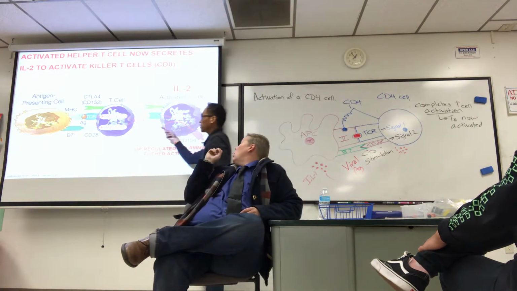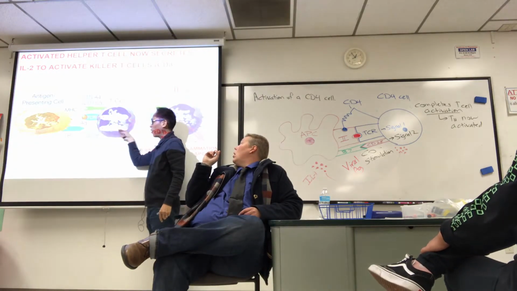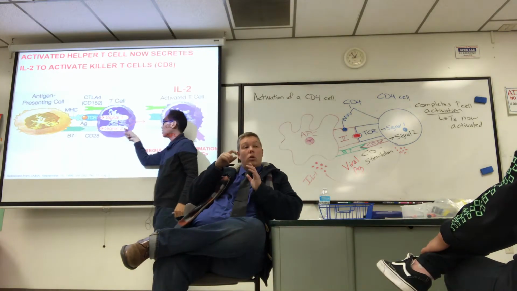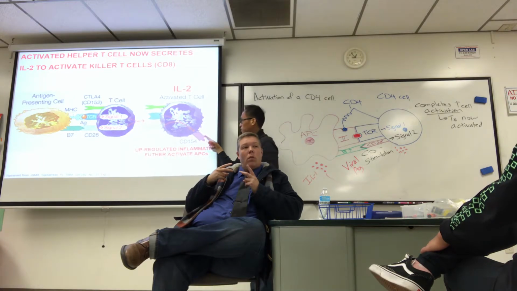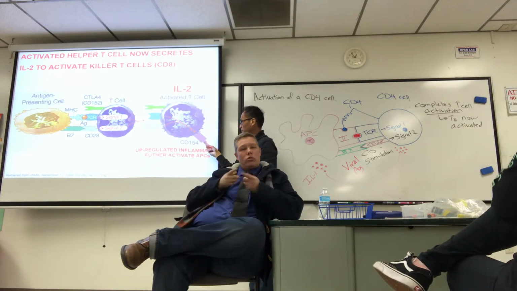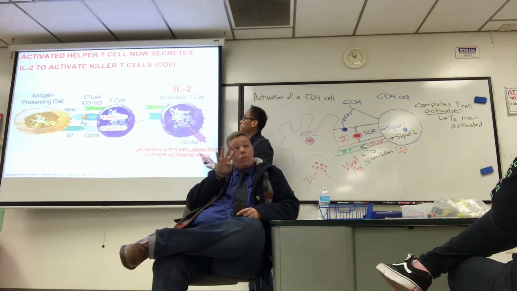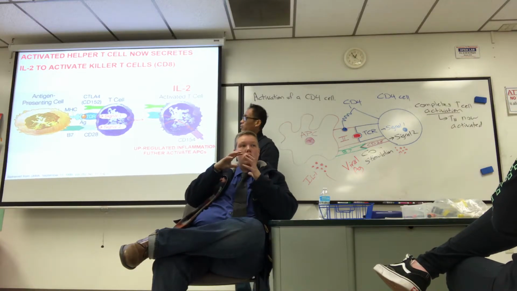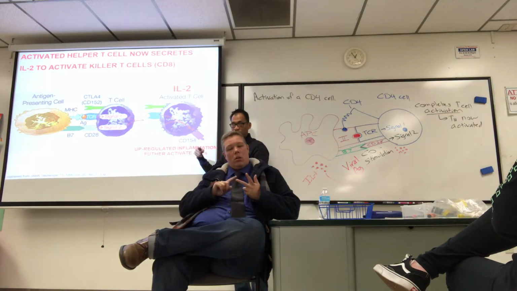This shows signal 1, signal 2, right, from both interactions. So it shows other things like CD154, which upregulates inflammation. And an activated T cell will in turn secrete IL-2 to activate other things.